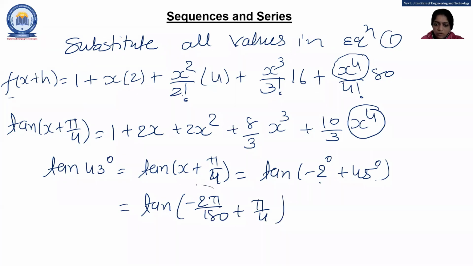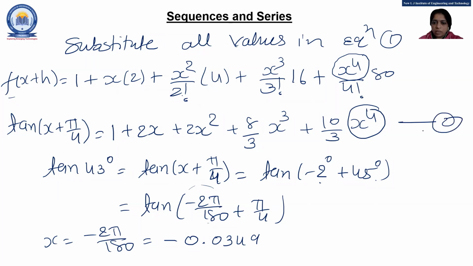Now, what is the value of this 2 degree? So x equal to minus 2 pi upon 180. So we can directly write that x is equal to 2 degree, and the value of 2 degree is minus 0.0349.